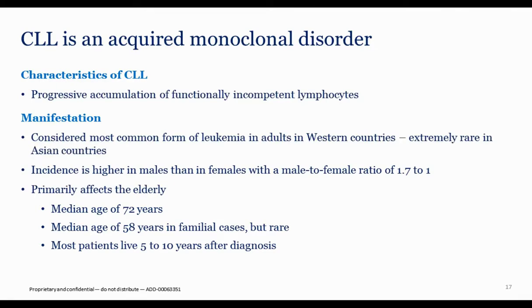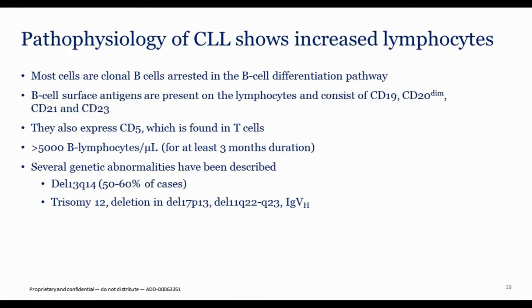There are some reported cases of patients who may die within 2 to 3 years, but this is always due to complications that develop within CLL, and so these cases are not really as common as the cases of CLL where patients actually live a much longer time frame.